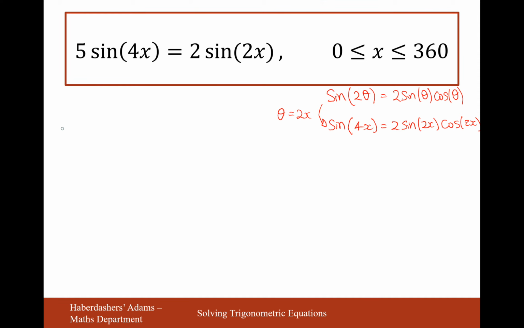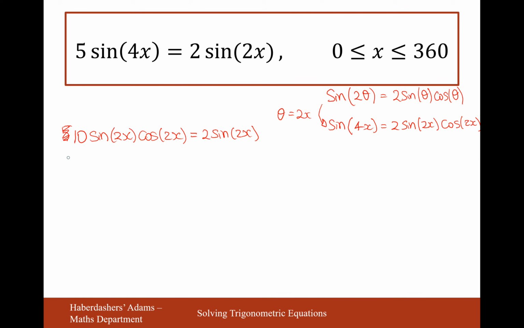So let's use that. It's going to be 5 multiplied by the 2, so let's make it 10 to get the ball rolling. 10 sine 2x cos 2x equals 2 sine 2x. Now, what you definitely shouldn't do in this situation here is divide by sine 2x on both sides, because you'll be losing some solutions that way.